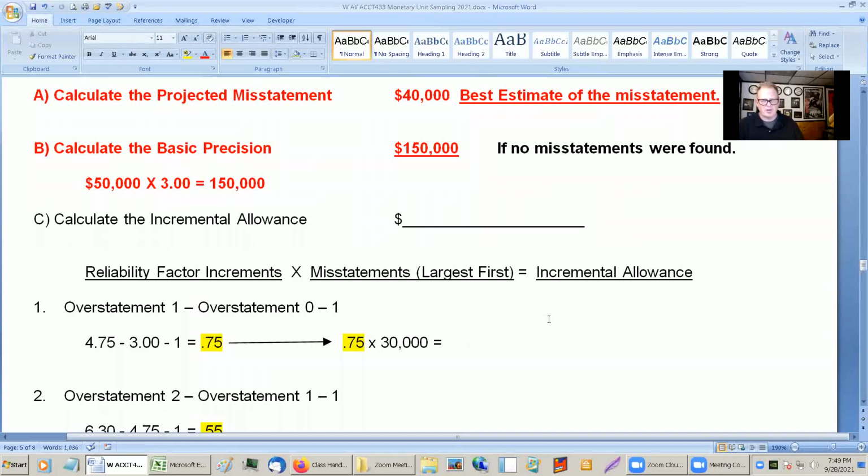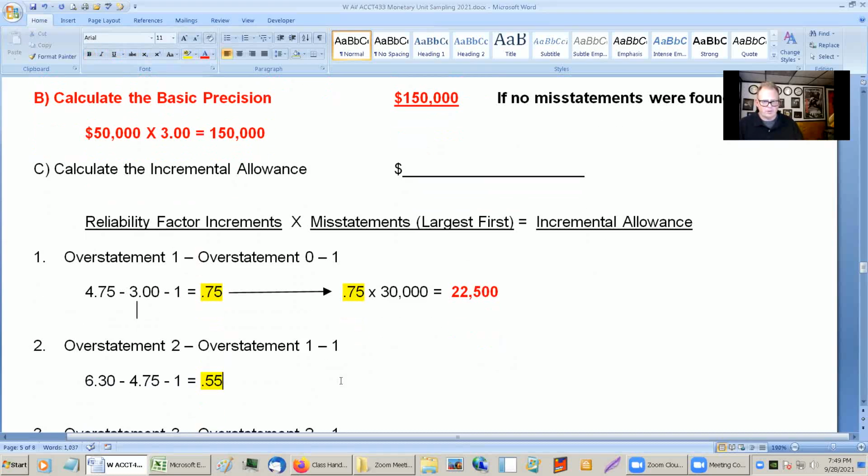So the amount that this could be off by is 22,500. Yeah, that's right. And we're going to do the same thing for this one, but now with the 10,000. So this would be 5,500, and we're not going to do anything with the last increment.